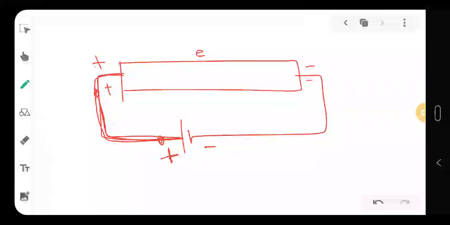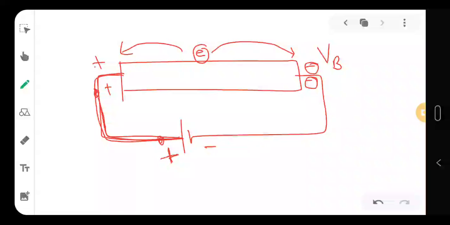One electron was there. He is thinking, if I go to this part, I need more energy because there are repulsions from negative charges. So to stay here, the electron needs, let's say, VB energy, and to stay here, the electron needs very little energy, VA.